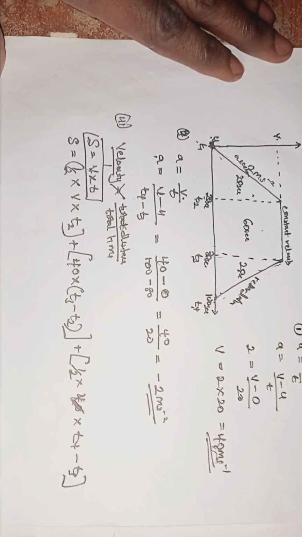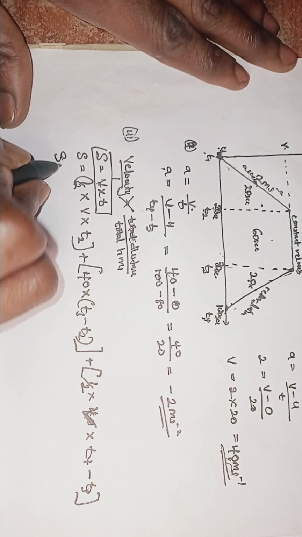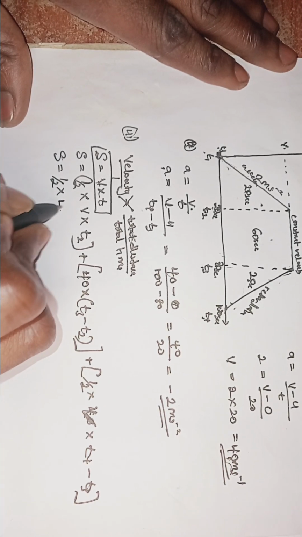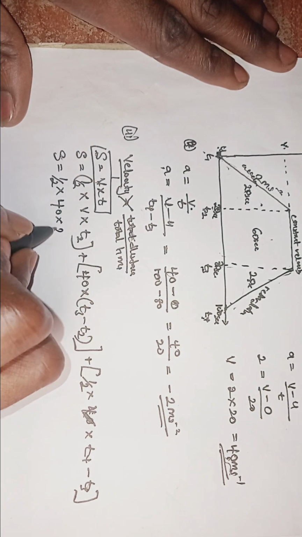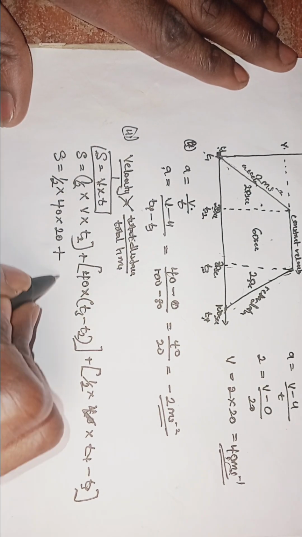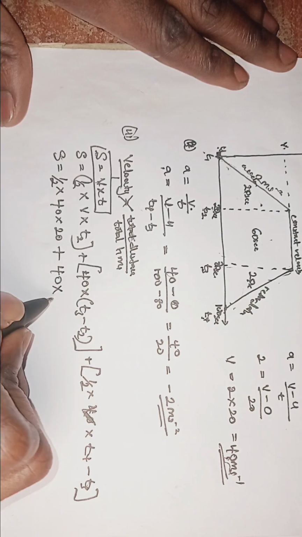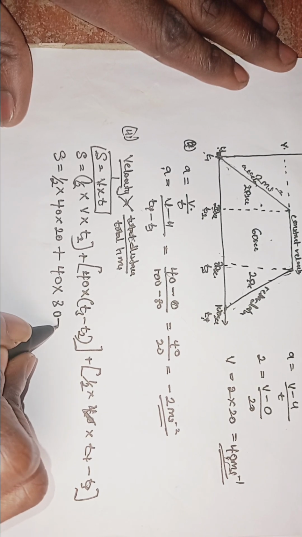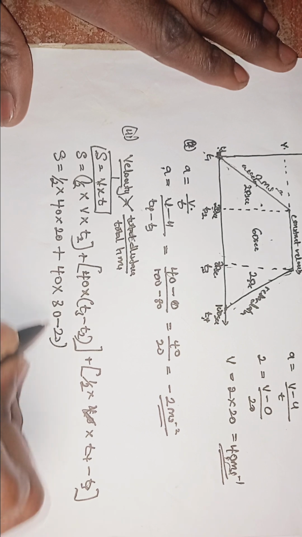So now let's start inputting our data. So we are going to have half here multiplied by 40, our velocity, multiplied by 20, which is T2, plus 40 again, multiplied by T3, which is 80, so you subtract the 20. So we are coming back to that.